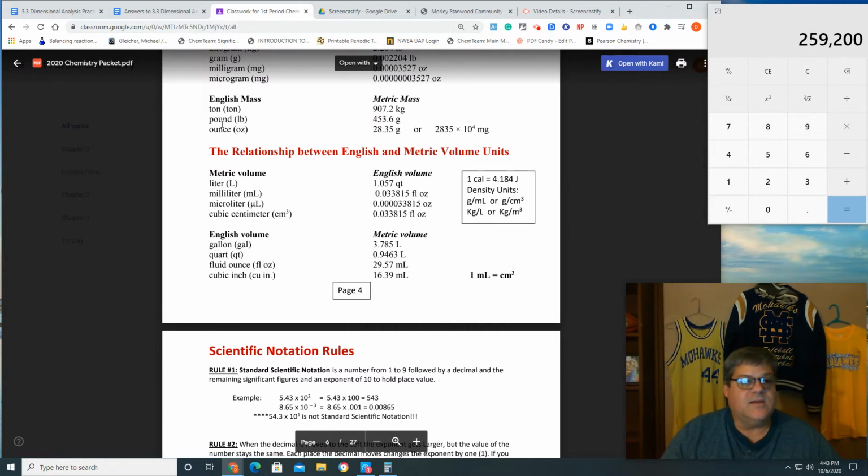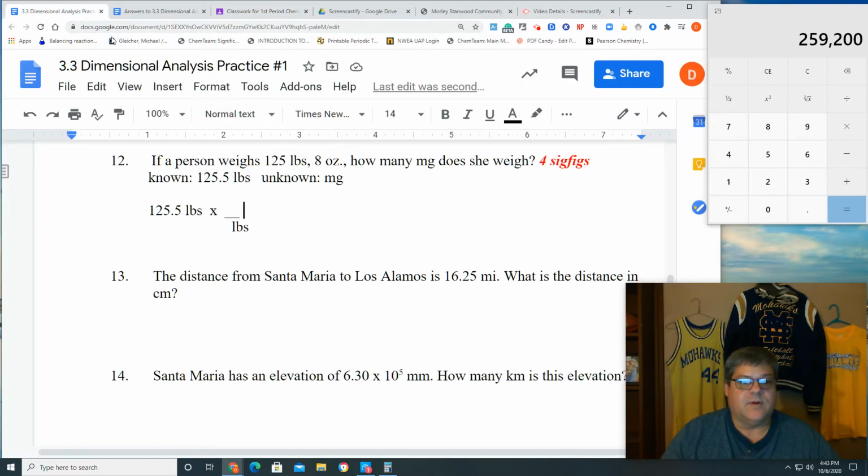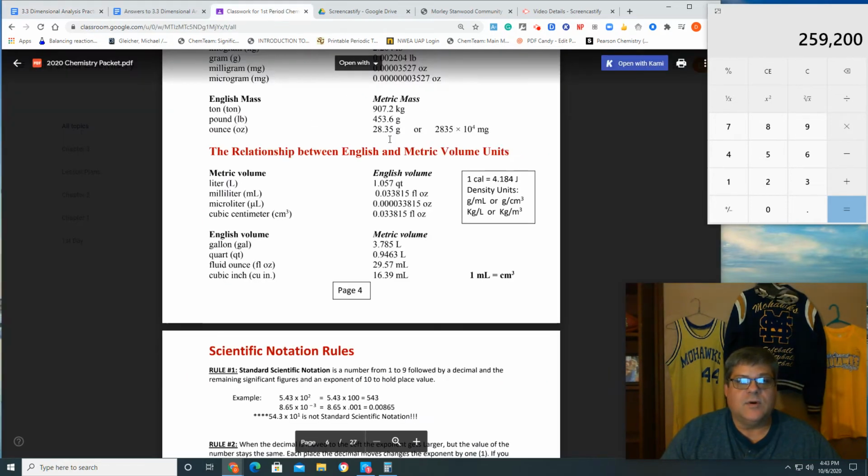Okay, so I can't do it here. If I know what I'm doing in the metric system, I can do it, but I don't know if we know that. So we're going to go from pounds to grams and from grams to milligrams. Let's go back to that problem. We said that we're going to have 1 pound equals, again, what was that number? 453.6 grams.